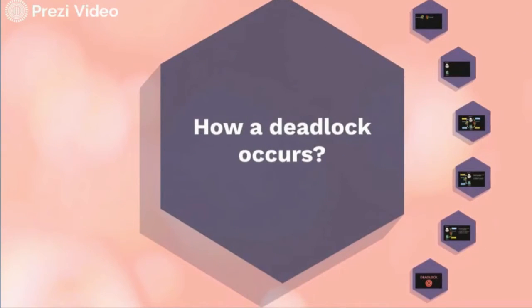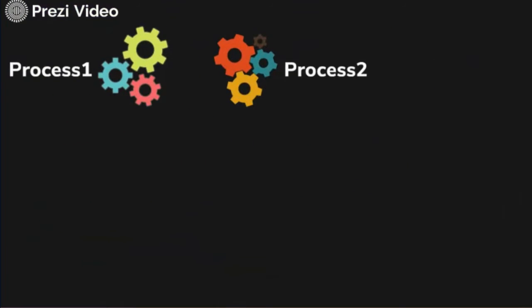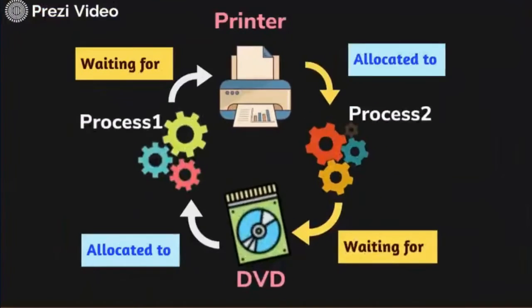Now we go for an example for understanding the deadlock even better. Let us consider that we have process 1 and process 2 and we have resources printer and DVD. Here we are seeing the image where process 1 is requesting a printer and the printer is already allocated to process 2, and process 2 is waiting for a DVD and it is already allocated to process 1.